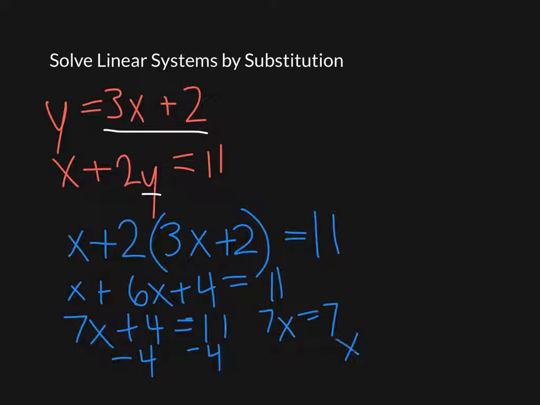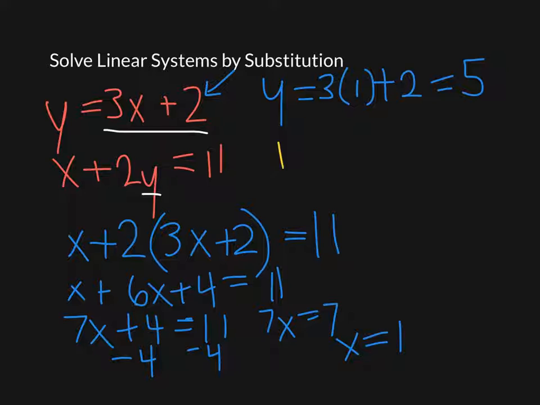So x's value is going to be equal to 1. Now I plug that into either of the two equations, and I'm going to solve for y. I'm going to choose to plug it into this equation right here. So y is going to be equal to 3 times 1 plus 2, which is just going to be equal to 5.